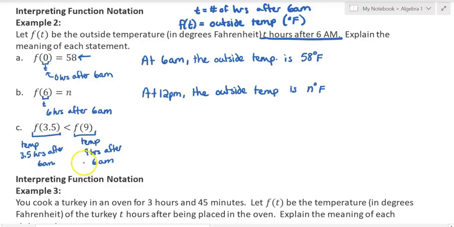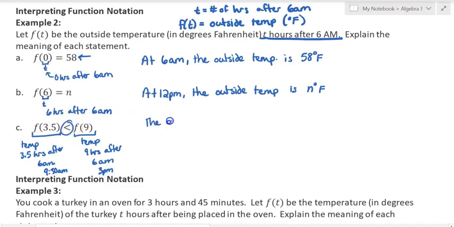Okay, so let's start with 3.5 hours after 6 a.m. If you do 6 to 7 to 8 to 9, that's 3 hours, so it's at 9:30. Now, if you do 9 hours after 6 a.m., you do 6 to 7 to 8 to 9 to 10 to 11 to 12 to 1 to 2 to 3. That's at 3 p.m. Now, notice the less than symbol.